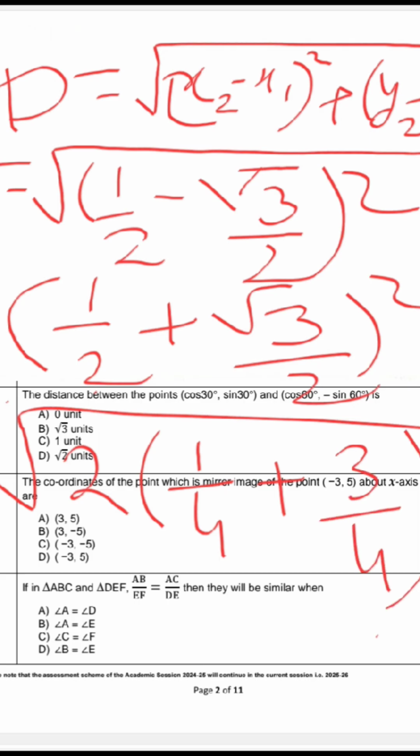So you know here in square root 2 into this comes 3 plus 1 is 4, 4 by 4 means 1. So if you solve the whole value, you will get the answer, square root 2. So this is your answer, square root 2.